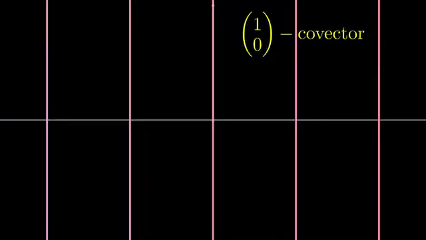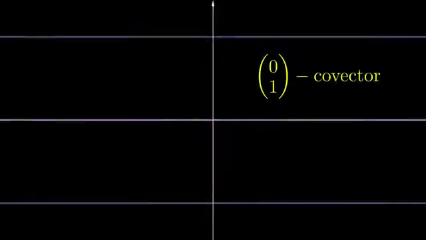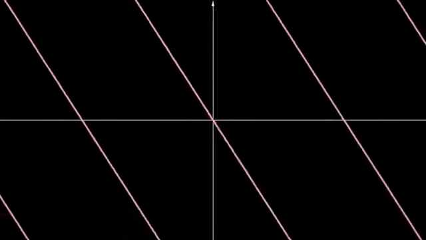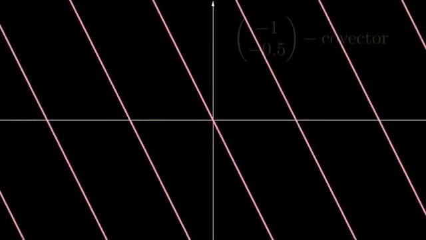Just like normal linear transformations, the two representatives are the 1, 0 covector as well as the 0, 1 covector. Like a normal vector transformation, we observe where the 1, 0 covector goes. Whichever covector it becomes would be our first column of the transpose matrix.